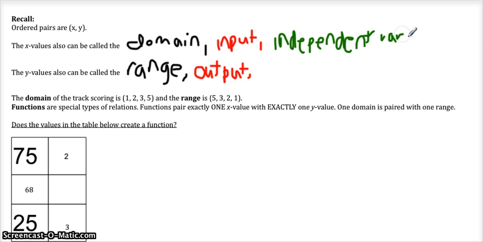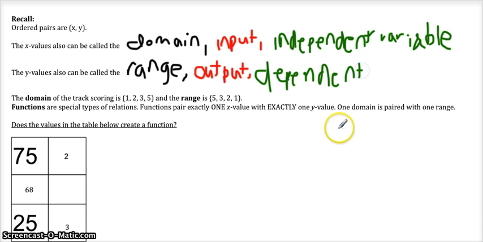Okay, that's independent variable. And then, oops, sorry. And then the y is the dependent. I'll get neater as I learn how to do this.